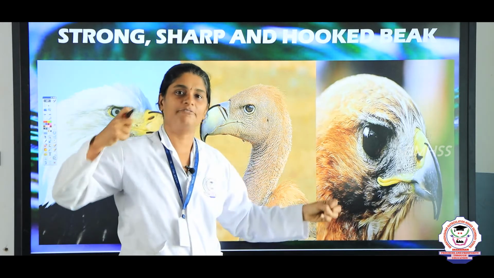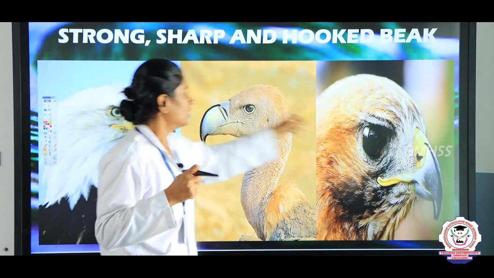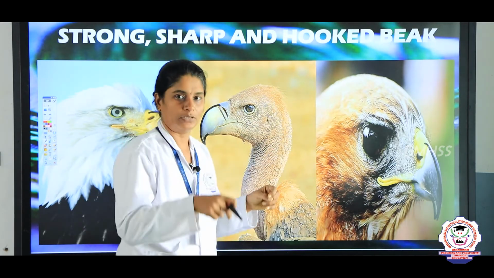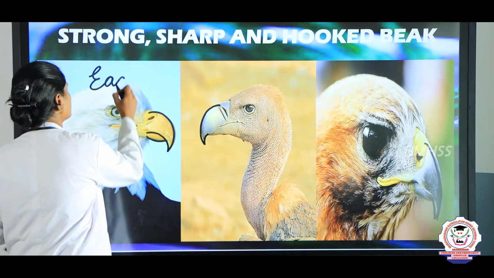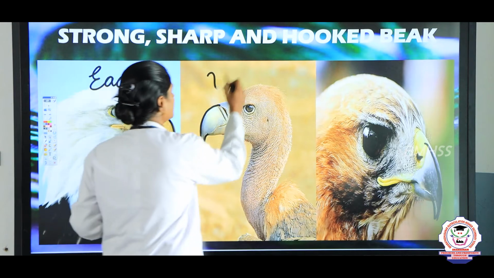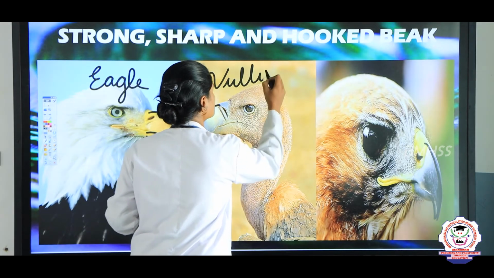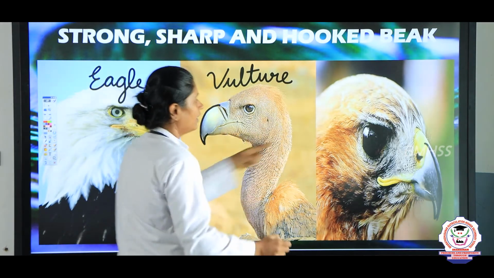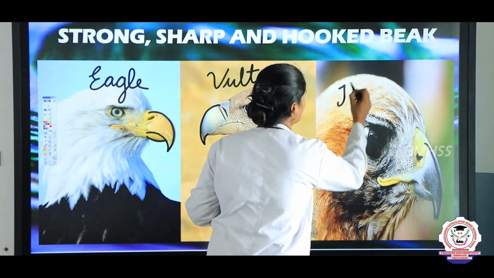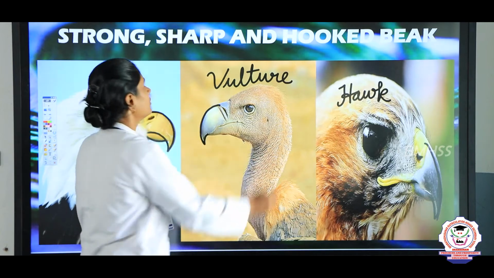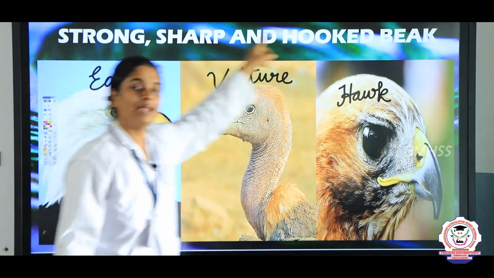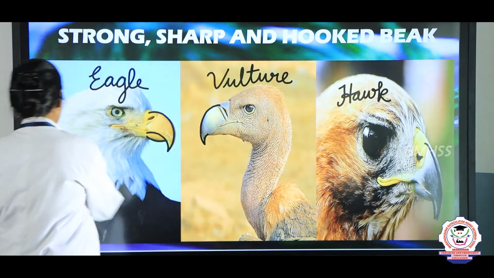So what are the birds? Eagle, vulture and hawk. They have a sharp, strong and hooked beak. Now let's see the other one.